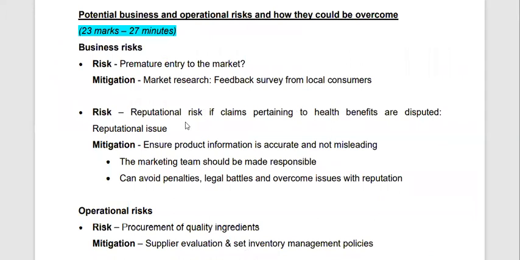All these things are just assumptions. They are not proven. So if you end up using this product information in your marketing campaigns, then that exposes you to reputational risks.